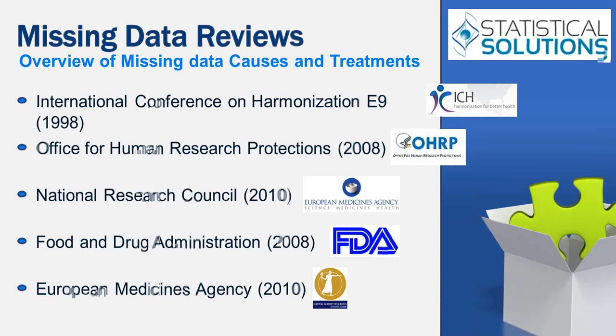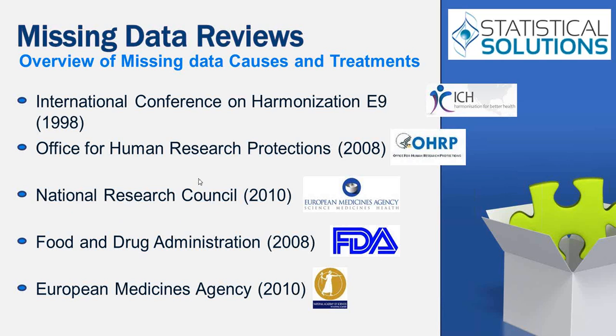There was an excellent report released by the National Research Council. Sorry, the logo is mixed up here, but the National Research Council is third on the list there, and that's actually the bottom logo there.